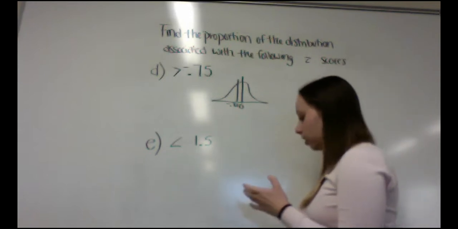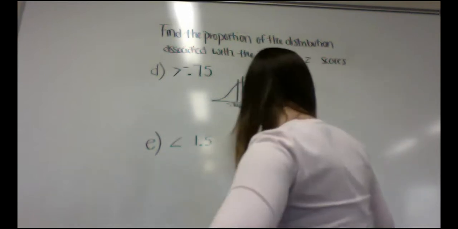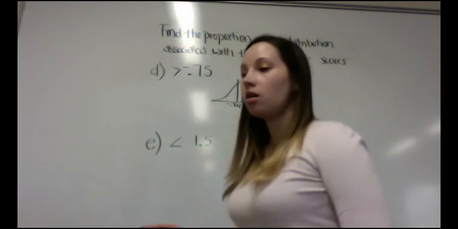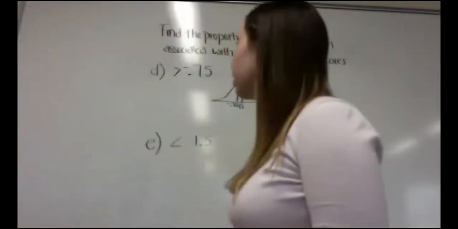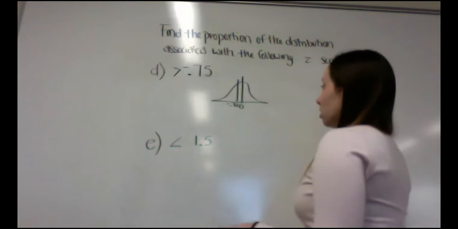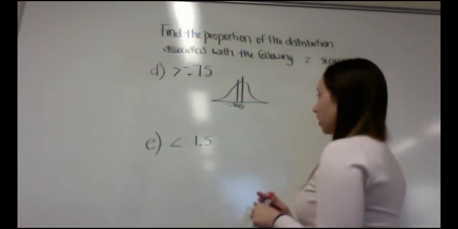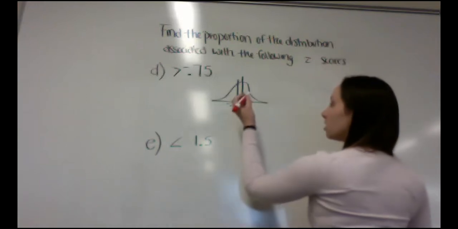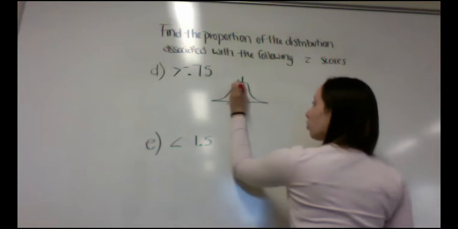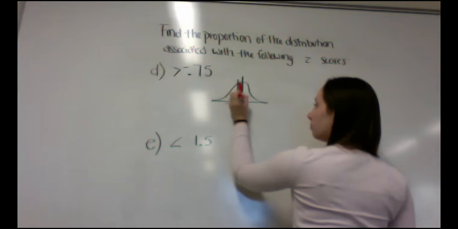So again, we've got two different ways to do this. Let me use some different colors to kind of illustrate what's happening here. I didn't do that before. So the first thing we can do is find the distance between negative 0.75 and 0. We're going to denote this with red.